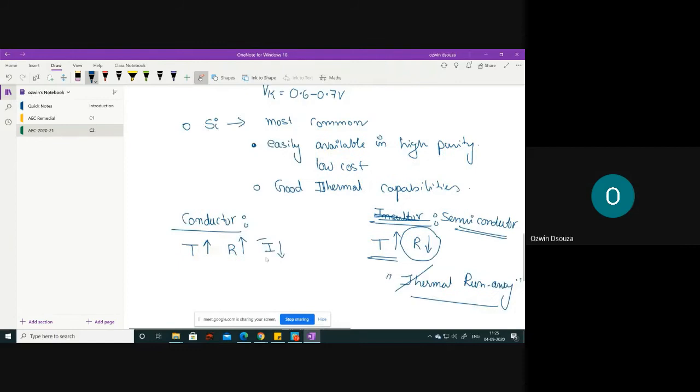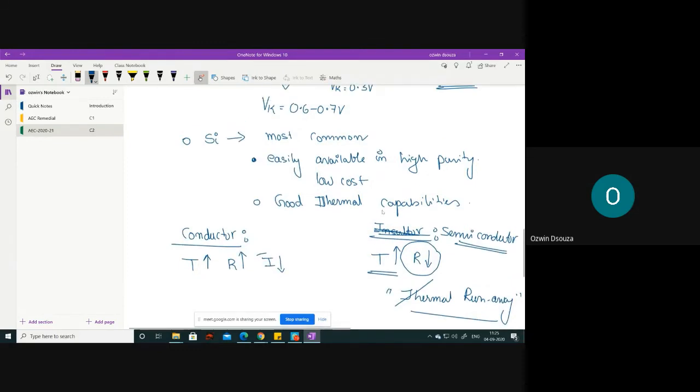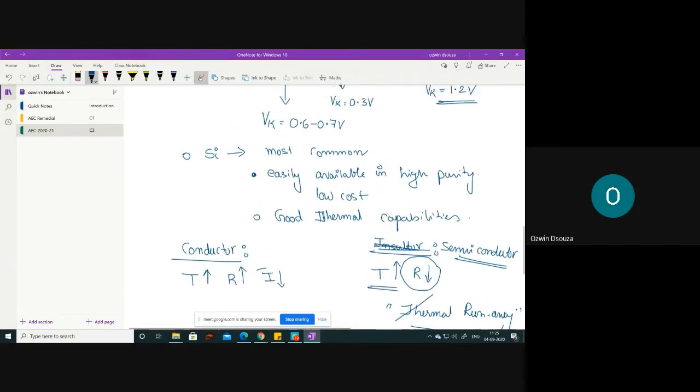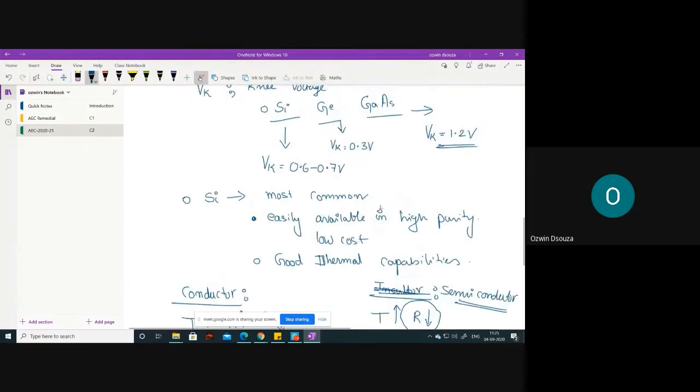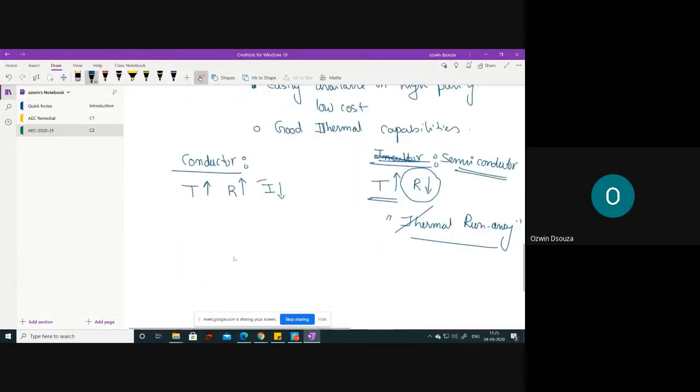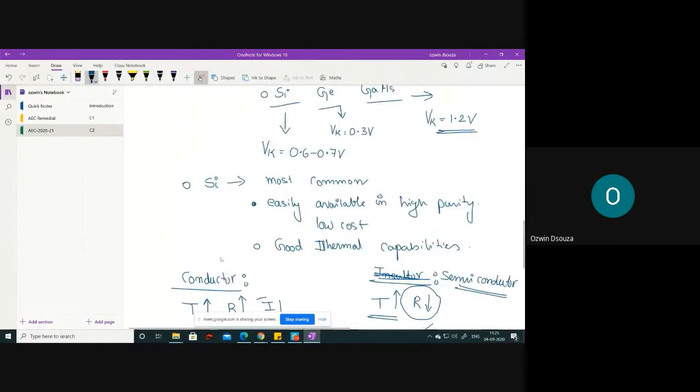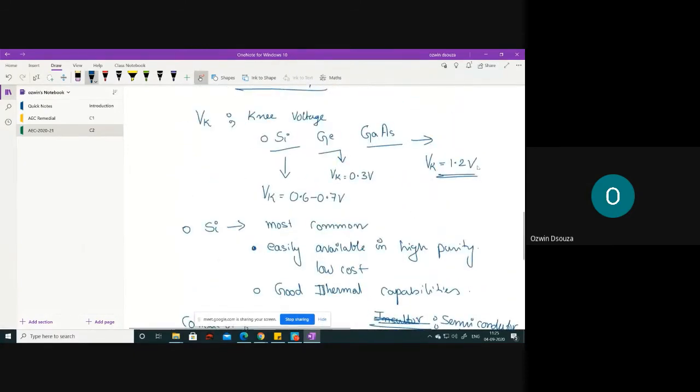Now, if you compare the thermal capability, you will find that silicon has better temperature handling capability compared to germanium. Gallium arsenide actually has the best thermal handling capability.